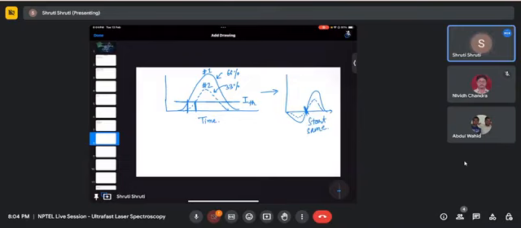Okay, upon titration with KI as a quencher, this exposed fluorophore is quenched with KI, while the buried one is not quenched. So nothing happens to this.